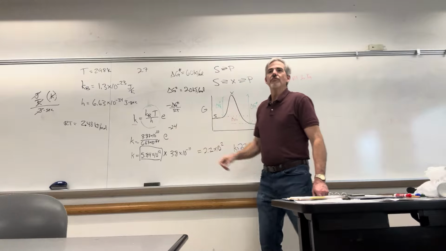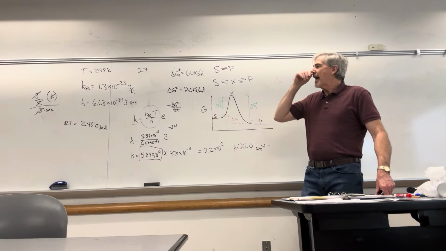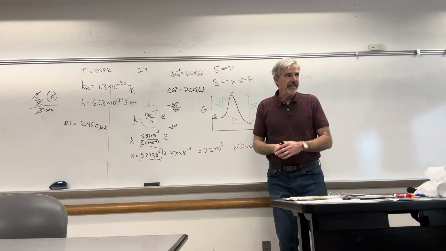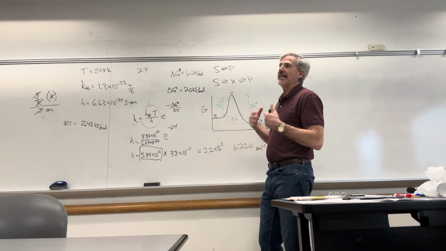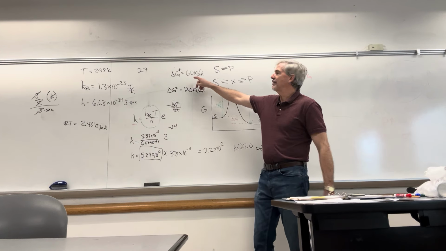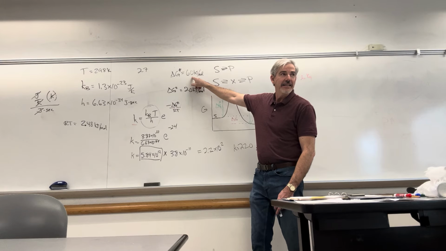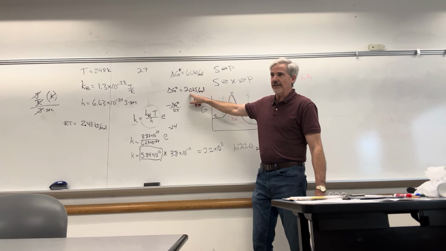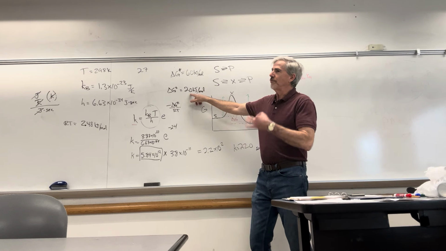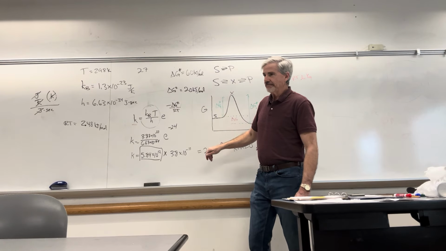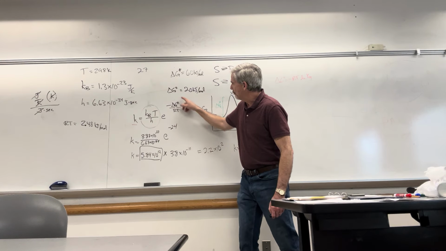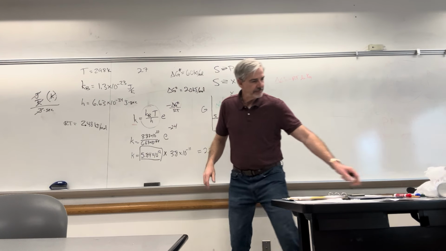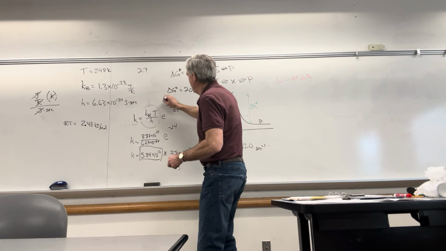So where I am now is, let's hypothetically say that we add an enzyme that lowers the activation energy from 60 kilojoules per mole to 20 kilojoules per mole. Let's redo the calculation. We only have to redo this part here.